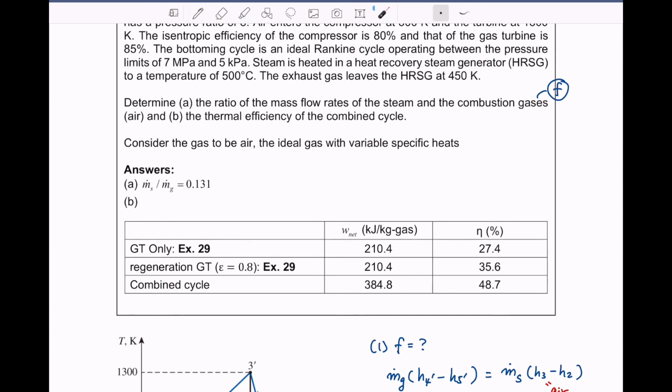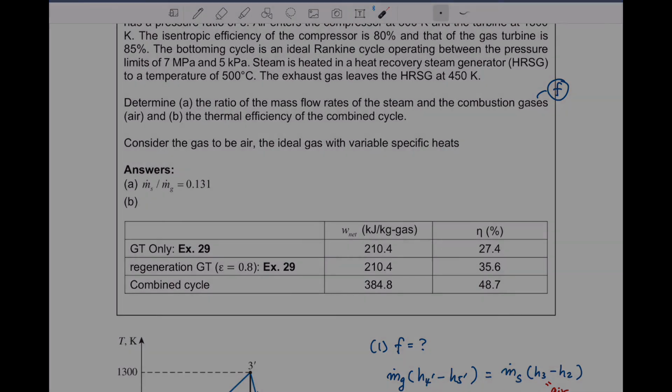So that is the whole benefit of using the combined cycle. We not only can get more power, the efficiency is also a lot better, compared to the single unit gas power plant or single unit steam power plant. Okay, so that is a great benefit of a combined cycle.